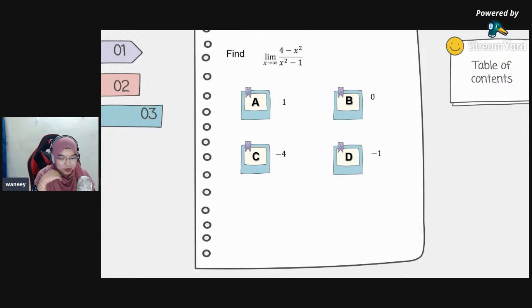Okay, so dah sampai 100, dah cukup 10%. So we're gonna see what is the answer.